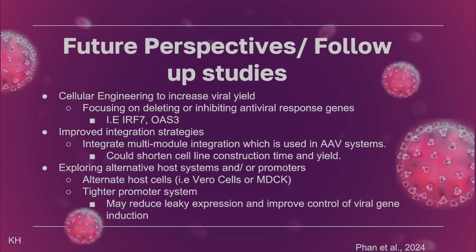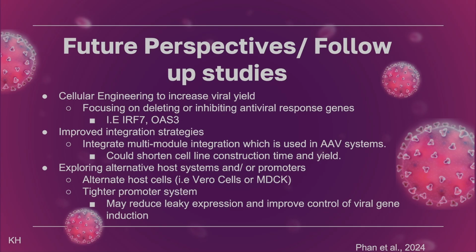Looking at the future perspectives and follow-up studies, I wanted to first talk about the cellular engineering that could be utilized to increase viral yield. If they do future studies, or a group of people take this and want to continue on with influenza A and try to enhance the cellular engineering, one strategy that we've talked about even in this class, and that I've done in other classes, is potentially deleting or inhibiting the key antiviral response genes.